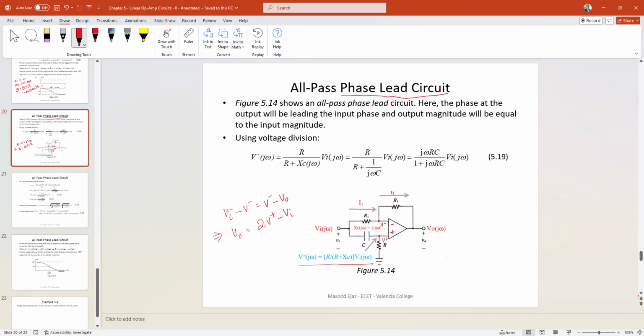In this case, V positive, of course, is R over R plus XC times V input. So V output is 2 times R over R plus XC times V input minus V input. Therefore, the output is going to be, with 2R minus (R plus XC) over R plus XC, times V input.